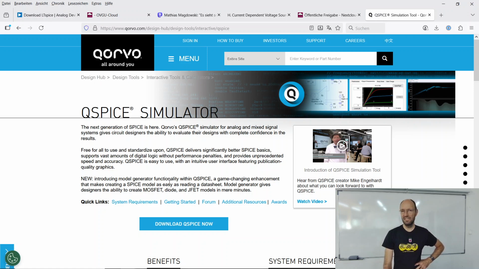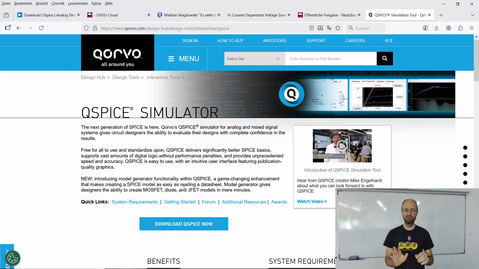It's said to be, I don't know, two times faster and a couple of times more efficient than LTspice because it's especially optimized for transient simulations. So if you are starting something new with power electronic circuits, doing lots of transient analysis, I would recommend also having a look at QSpice.